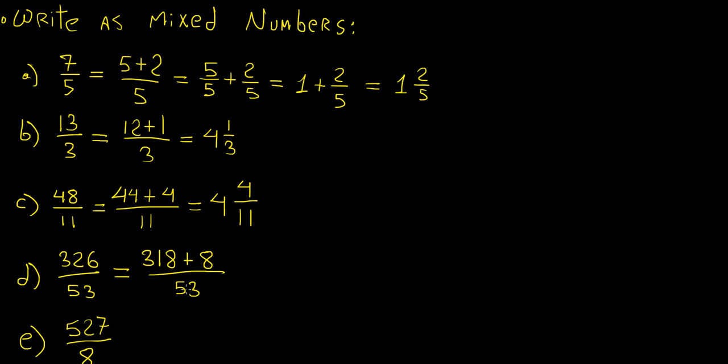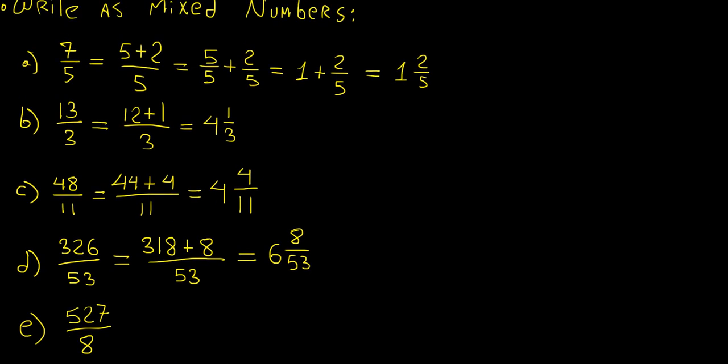Then if we divide this one by 53, that becomes 6, and then this is going to be 8 on 53. So we can go back to this number. If we multiply 53 times 6, that's 318, plus 8, that's 326 on 53.